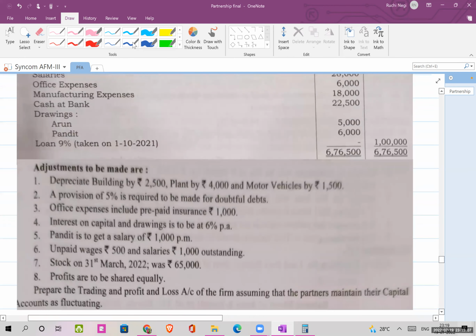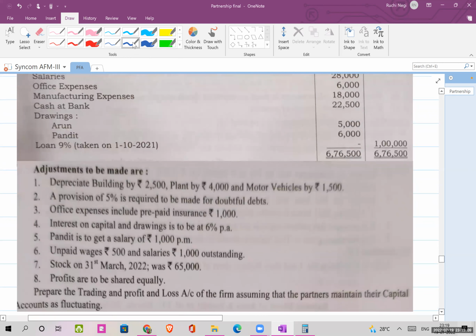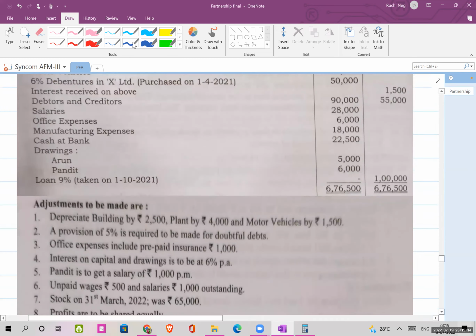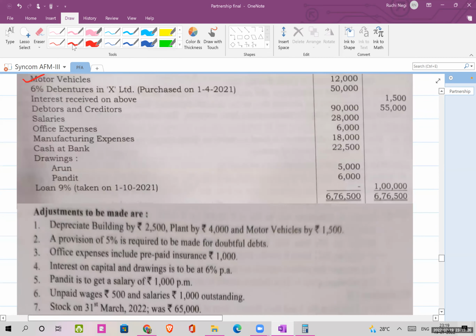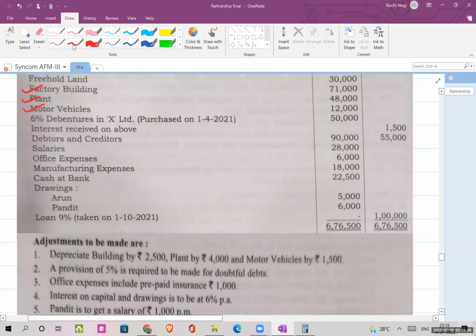So here are the adjustments. They have said depreciate building, plant, and motor vehicle. So let us do the marking. Here is factory building, plant, and motor vehicle. They have an adjustment, so I have put a tick mark.